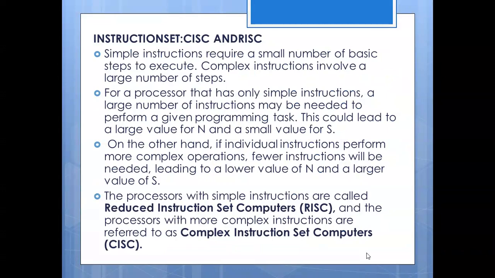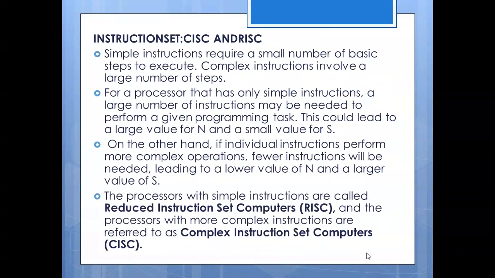As I listed in the first slide, one of the key parameters to decide the performance measure is the instruction set. If we see simple instructions, we need a larger number of them to execute. If we see complex instructions, they are complex in nature but require fewer steps to execute.